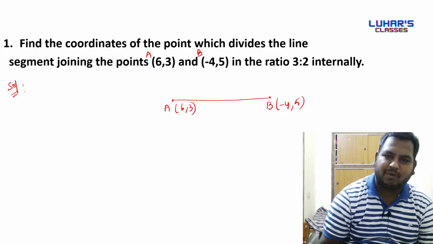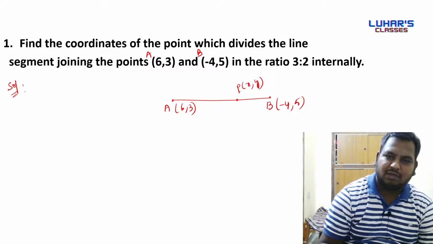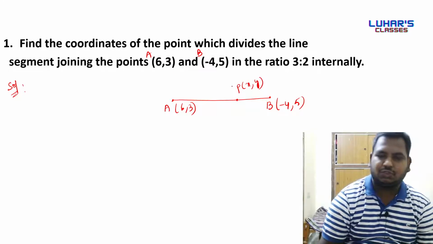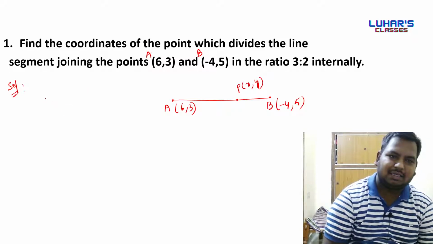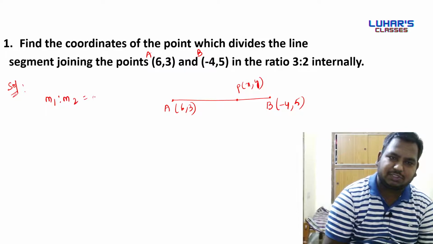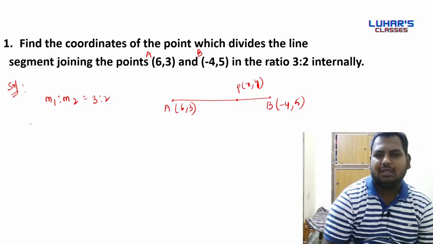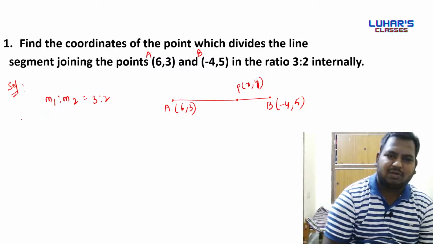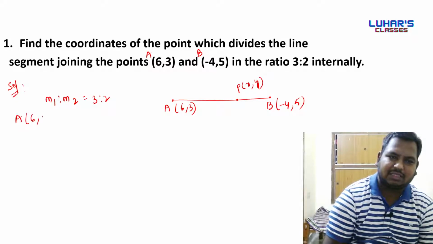We need a point P of x, y which divides AB in the ratio 3:2. So what can I say here? I can say m1 is to m2 is equal to 3:2. Next, what about the first point? First point is A of 6, 3 and second point is B of minus 4, 5.